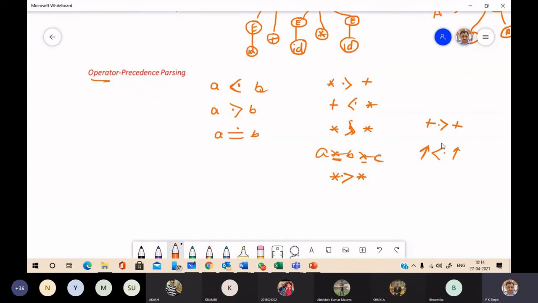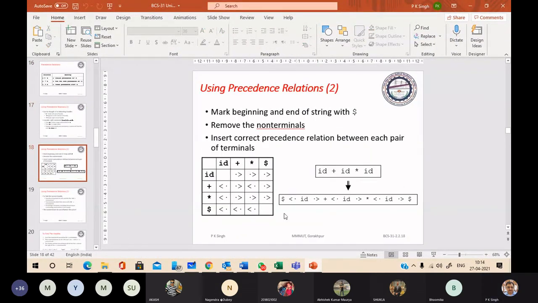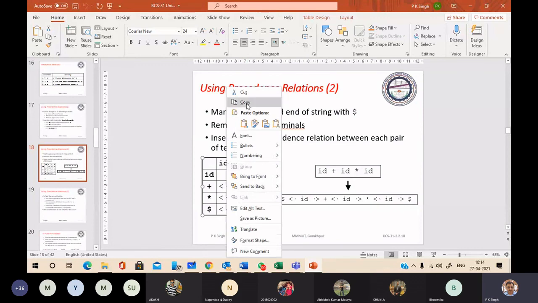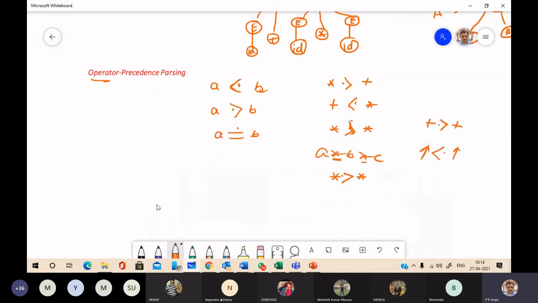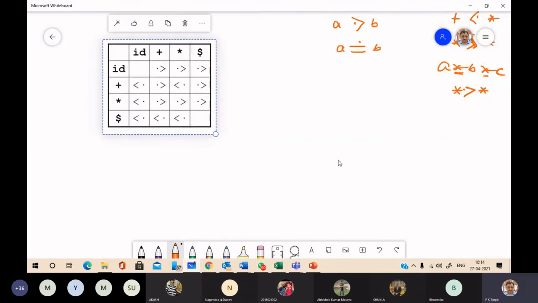So on the basis of this, we create a precedence table. Just consider the precedence table for the grammar. You can see this is the precedence table.